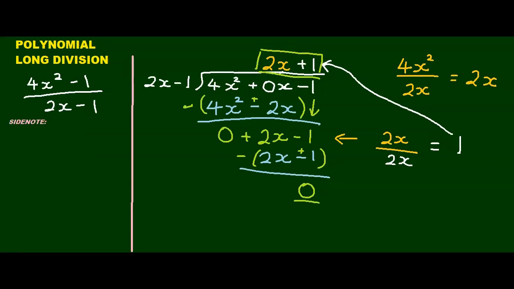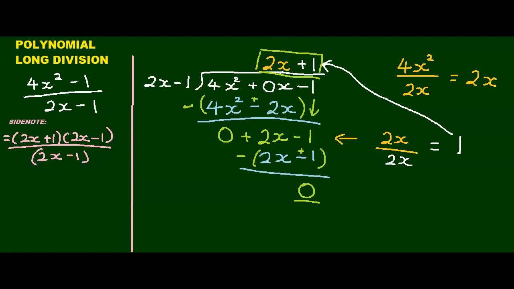Now, as a side note, I want you to take note that long division is not the best way to solve this particular question. As you can see, the numerator can be factorized using the difference of two squares. We can write it as 2x plus 1, 2x minus 1, divided by 2x minus 1.